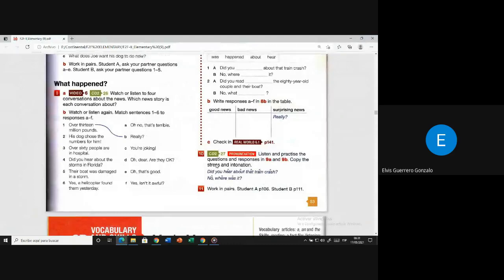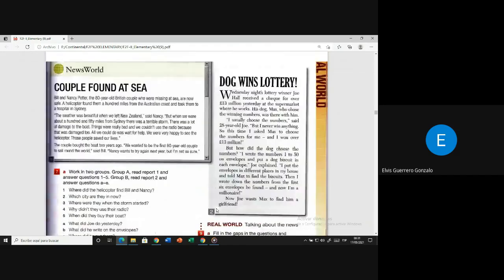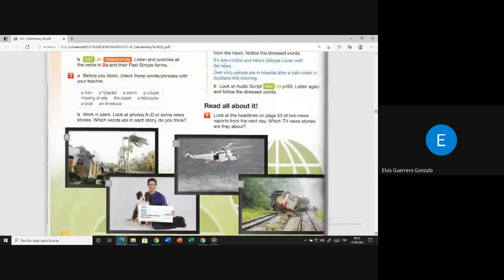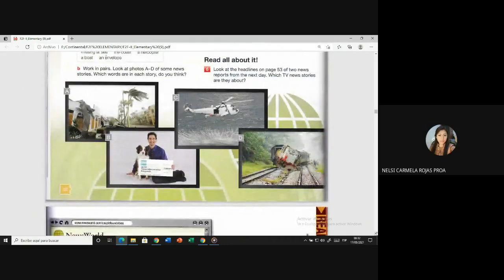Okay. In conversation one, what story are they talking about? Dog wins lottery. Yes. In conversation one, they are talking about the dog or the man who won the lottery. In conversation two, train crash.